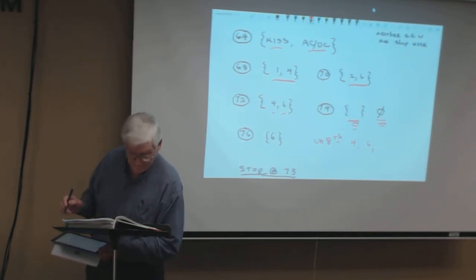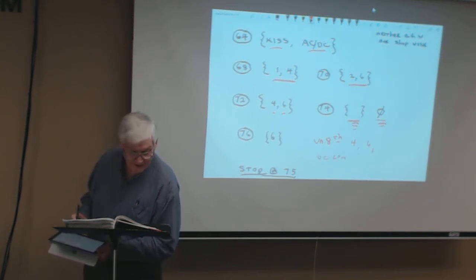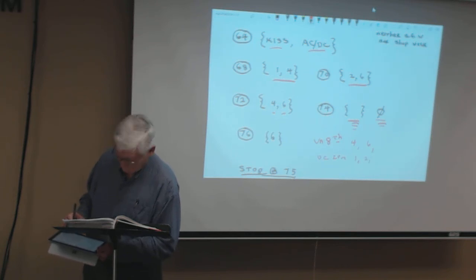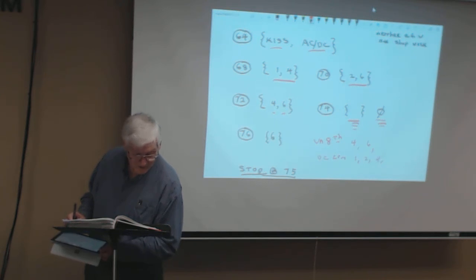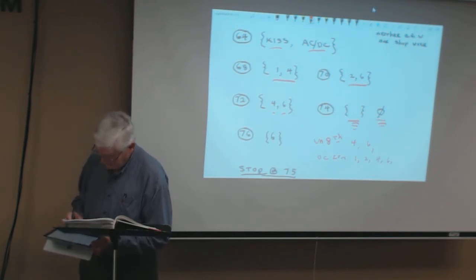Operating cost under 2,500. That's 1 and 2 and 4 and 6, and that's it. So in this set 4 and 6, and in this set 1, 2, 4, 6.